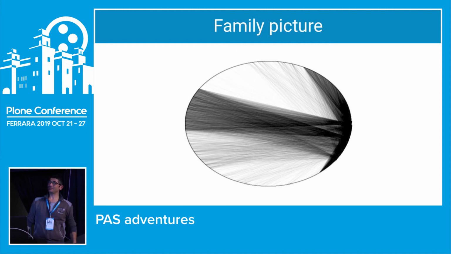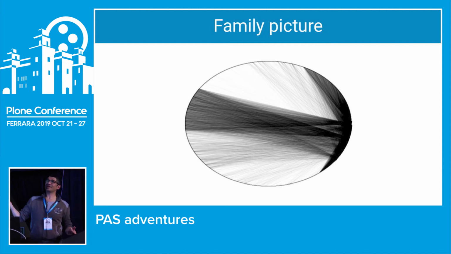Okay, I don't want you to understand immediately what is happening now, but what you have to see is that you have lines converging to a few points. Imagine what those few points are. Those few points are a few users that are really important in the site, and they were managing most of the content, and not just that, they were the people that were actually paying for the site.